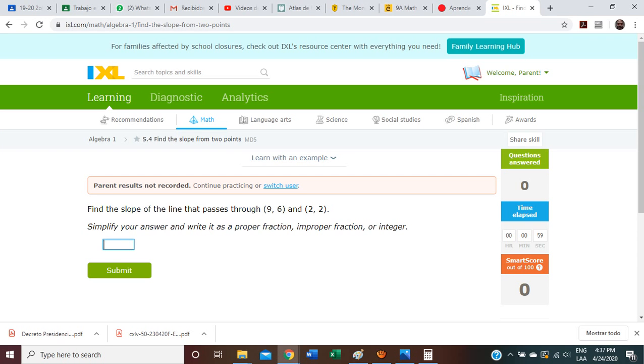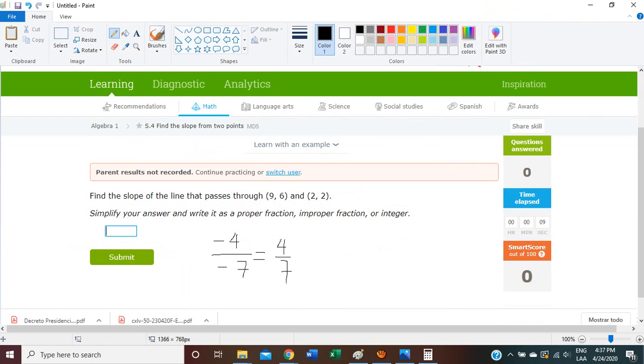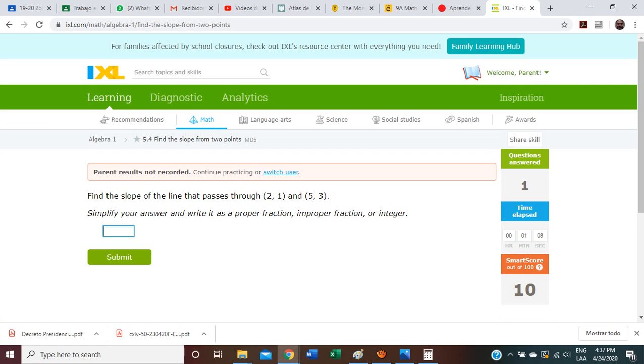Let's check. 4 divided by 7. Excellent. All right, so the other one, 3 minus 1 equals 2. I am going to write here number 2 divided by 5 minus 2 equals 3. That's it. That's the answer.